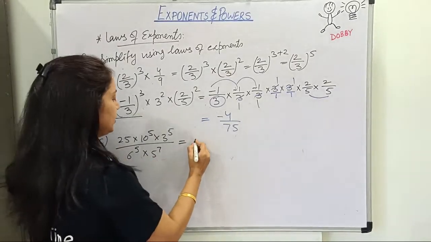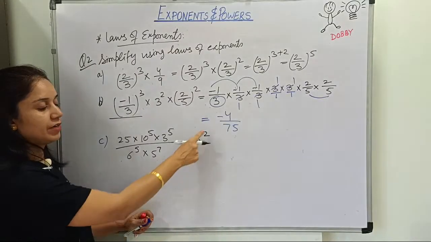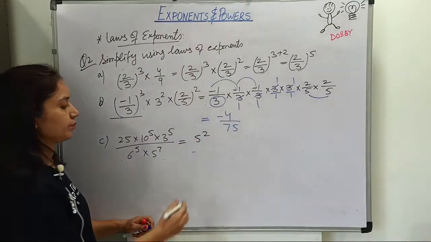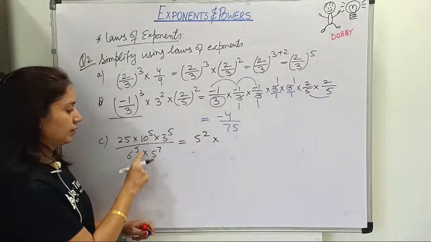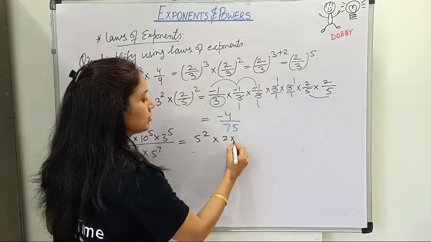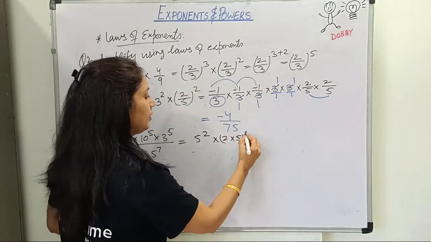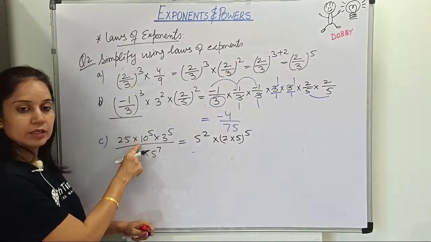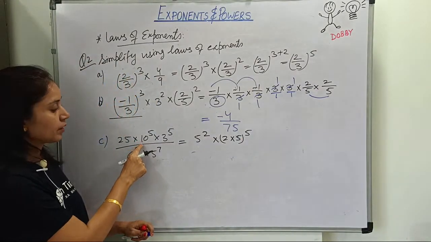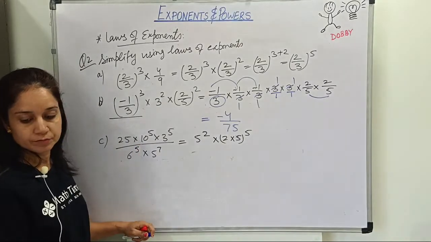25 can be written as 5 square, 5 times 5, 25. Multiplied by 10, which can be written as 2 times 5, together in one bracket raised to the power 5.